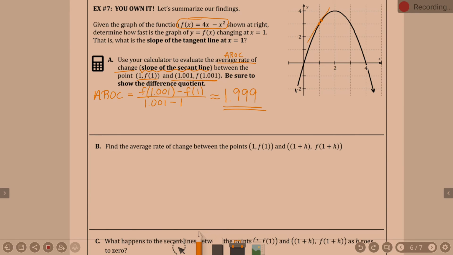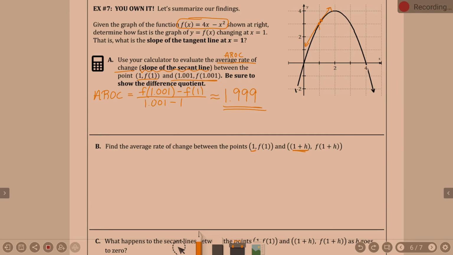The idea is you're trying to find the slope. Technically, it's going to be the slope of a secant line, because it's technically two points. How'd you get the second point? Okay, so the first point is at 1, right?